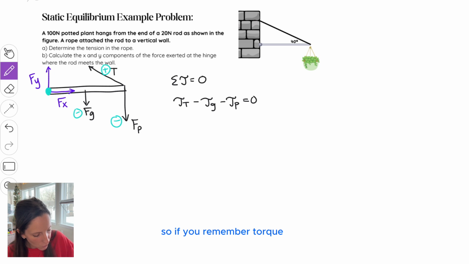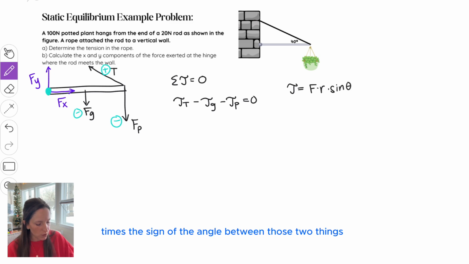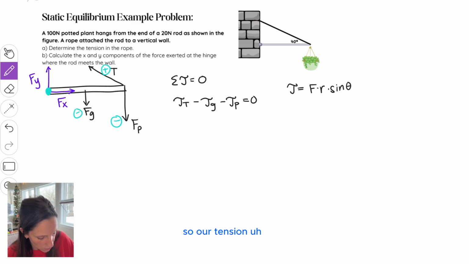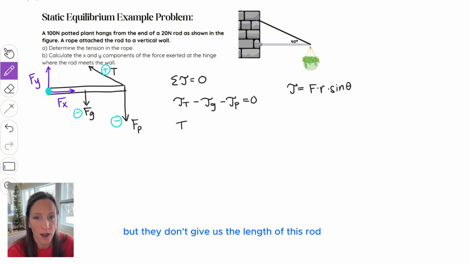We'll break this down one more step and then we'll start to rearrange stuff. If you remember the equation for torque, we are multiplying force times R times the sine of the angle between those two things, and R is the distance from the pivot point to where that force is being applied. So the torque from tension, we're gonna write as our tension force. And in this case, I don't know if you picked up on this initially, but they don't give us the length of this rod.